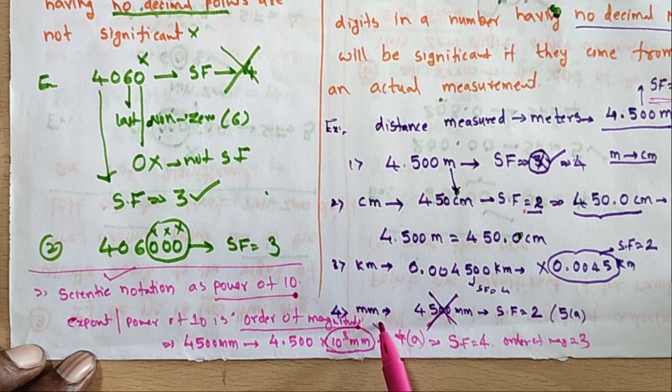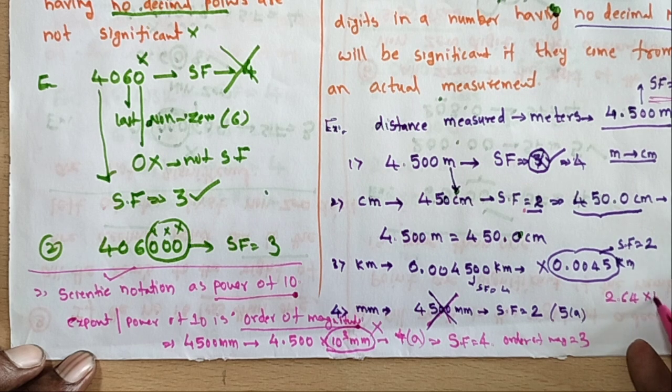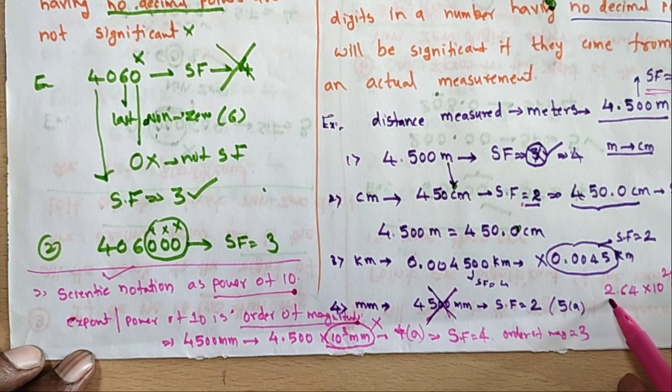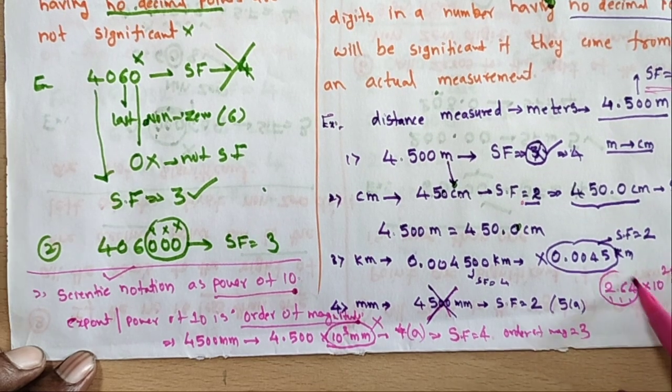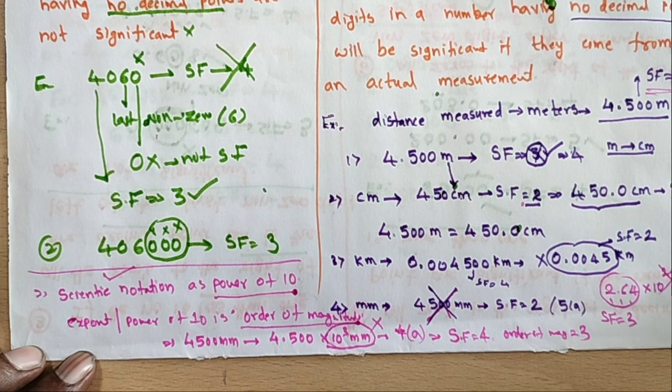So is the 10 cube significant? There is no significance in 10 cube, 10 power 20, 10 power 30, 10 power 40. For example, I will write 2.64 into 10 power 24. What is the significant figure? 1, 2, 3. Only 3 significant figures; don't count the 10 power 24.